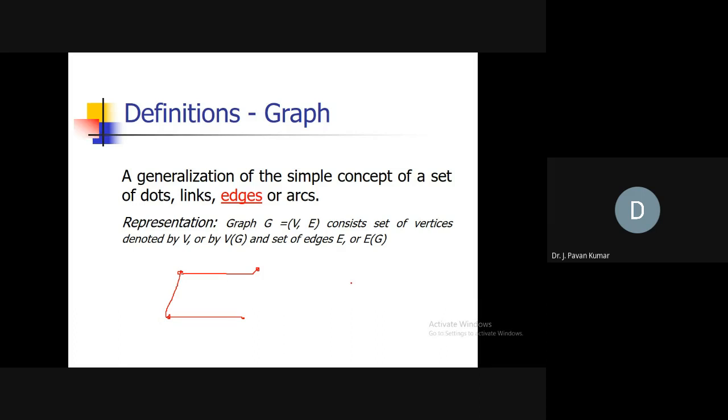Pathfinding, very good. From a source to a destination we have to find the path, like from Hyderabad to some remote place in India.